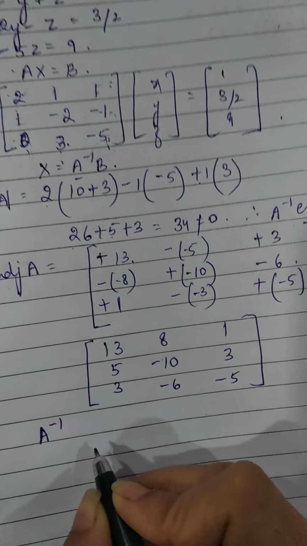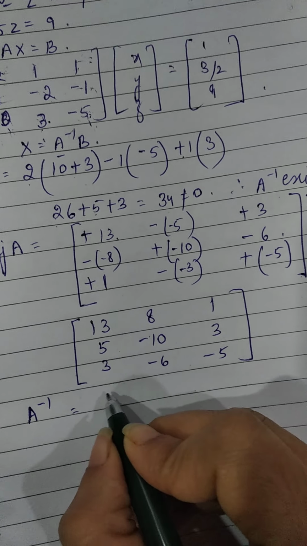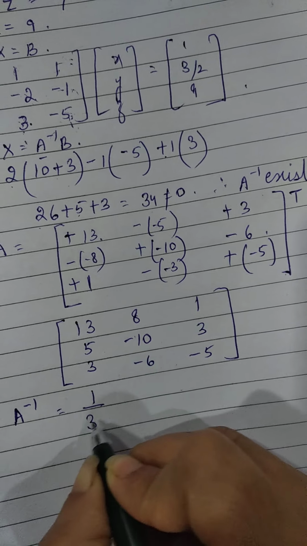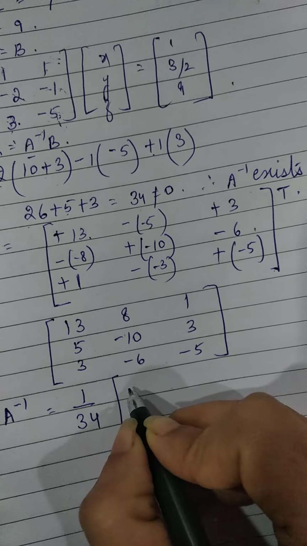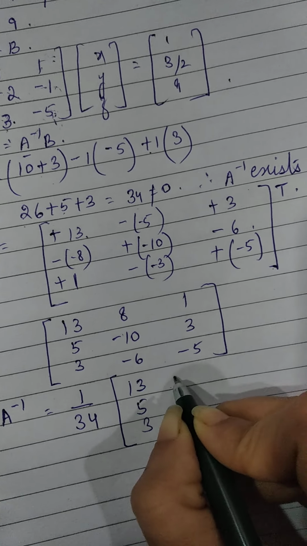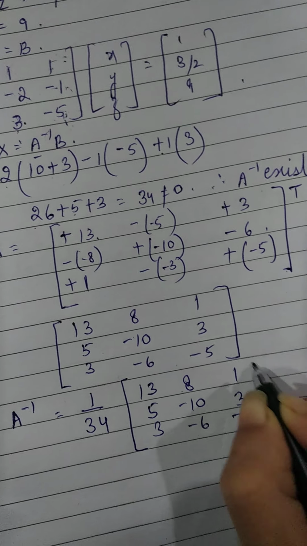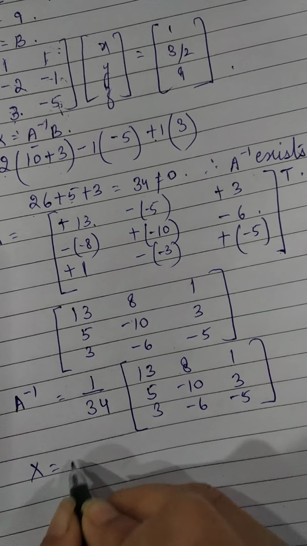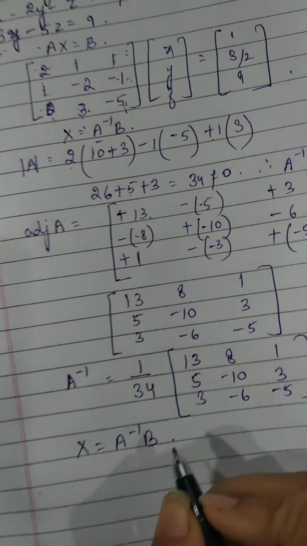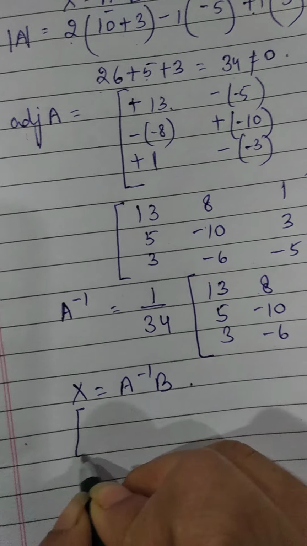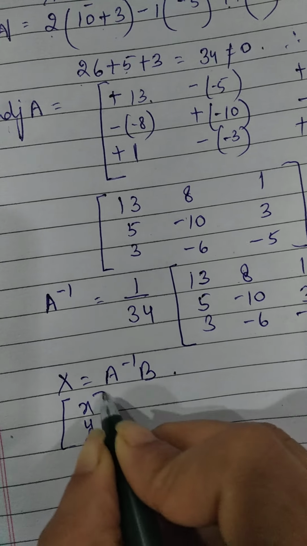What is A inverse? It's the adjoint of A upon the determinant of A. The determinant is 34, so it's 1 upon 34 times 13, 5, 3; 8, -10, -6; 1, 3 and -5. Remember, X is equal to A inverse B. So X has X, Y and Z variables.